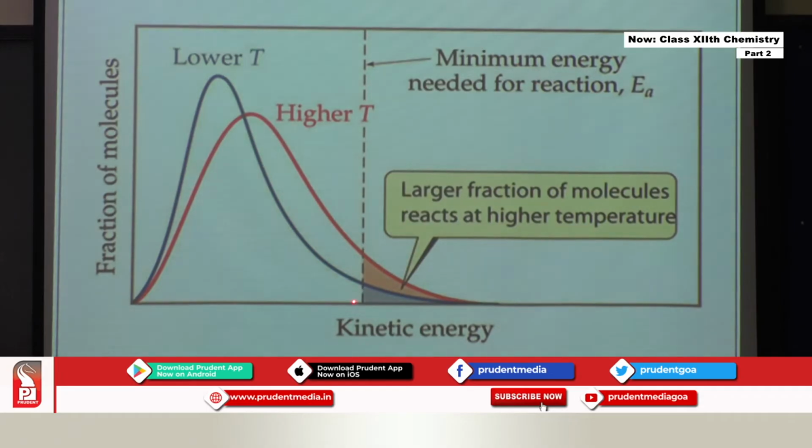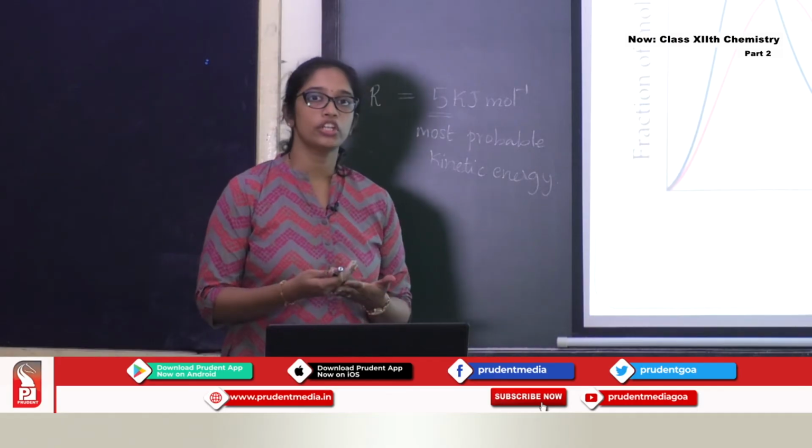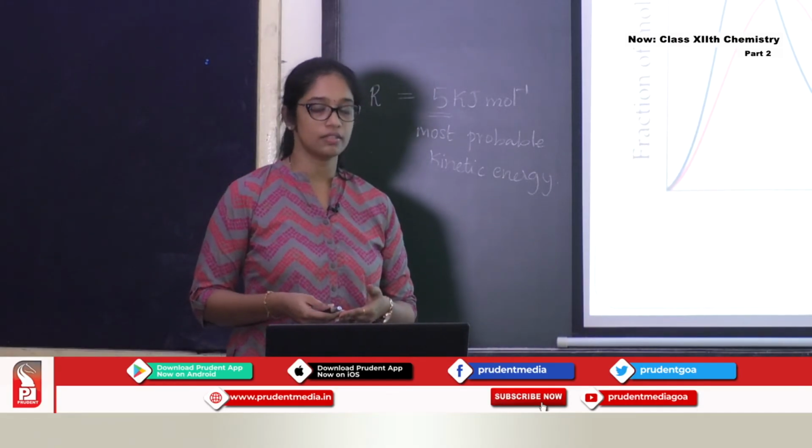The blue portion of the graph represents molecules having energy greater than the activation energy at the lower temperature, while the red portion shows that at higher temperatures this number is higher. So, temperature increases the number of molecules having energy greater than the activation energy. In that case, the reactant molecules will form the activated complex easily, and then form the products.